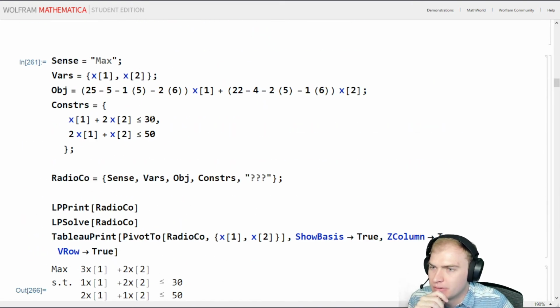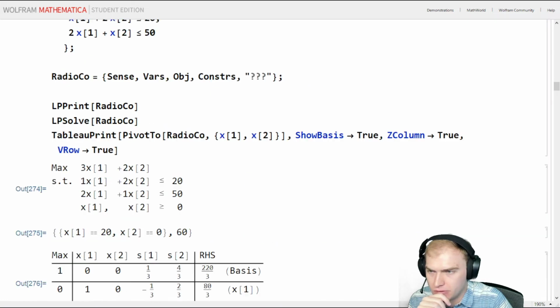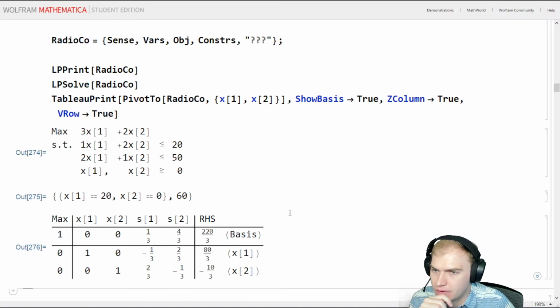What about if we drop it to 20? Okay. So if we dropped it to 20, then our basis is different. And we're infeasible in our original basis.